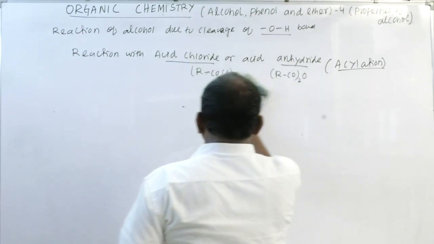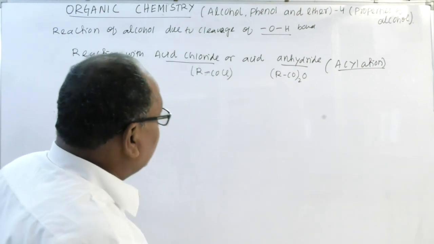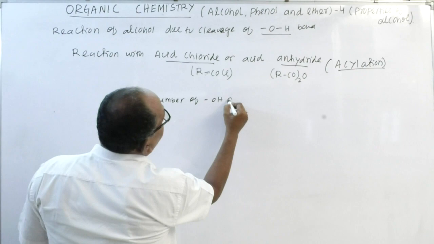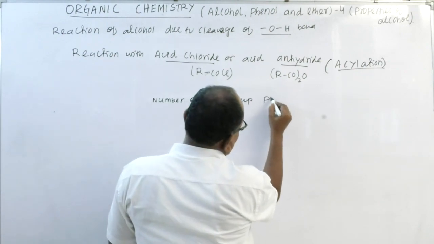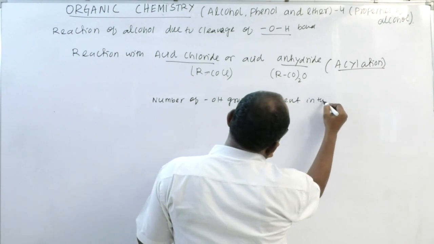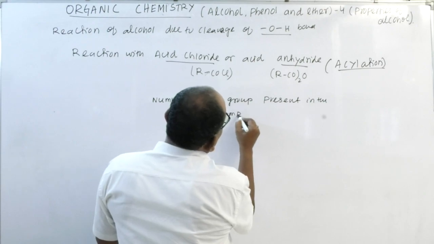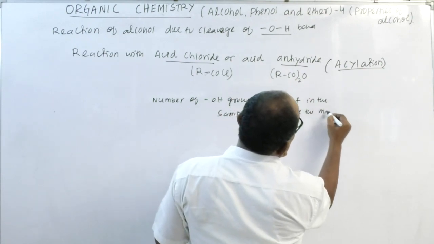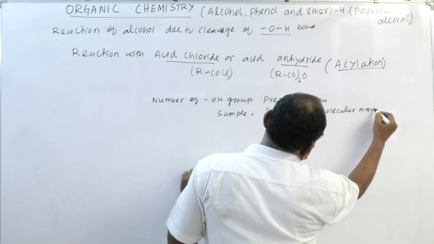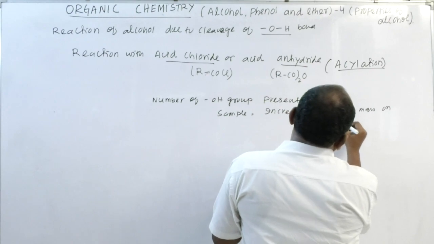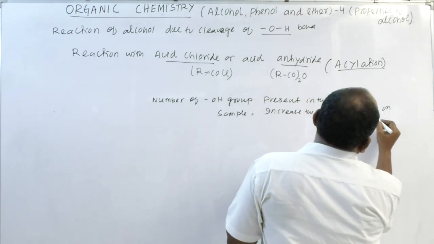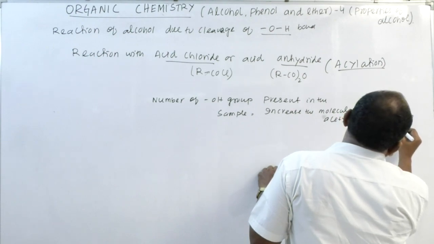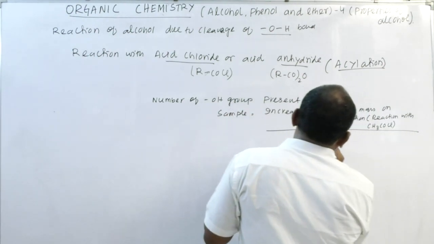That means the number of OH groups present in the sample is equal to the increase in molecular mass on acetylation, meaning reaction with CH3COCl, divided by 42.